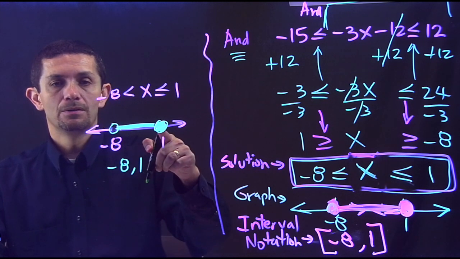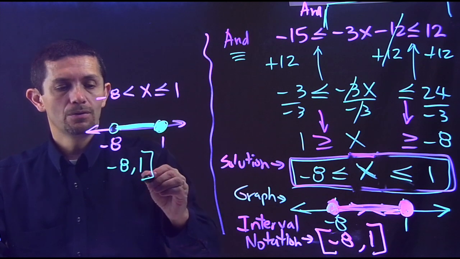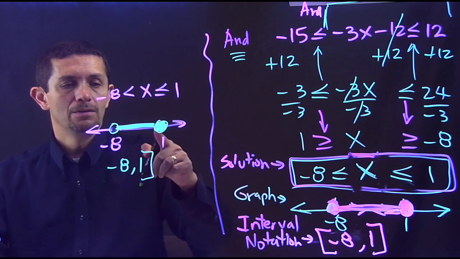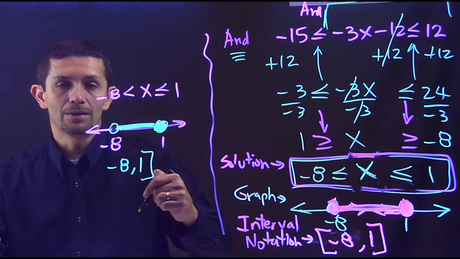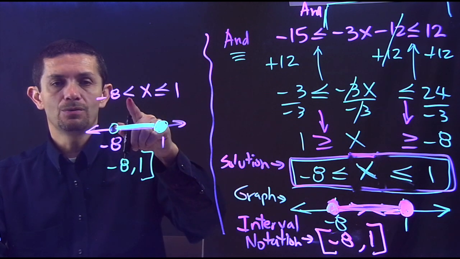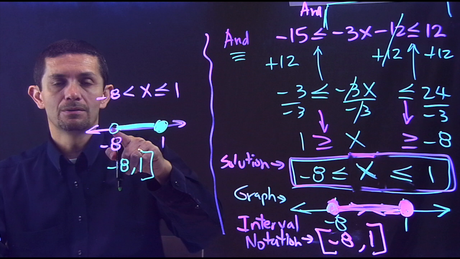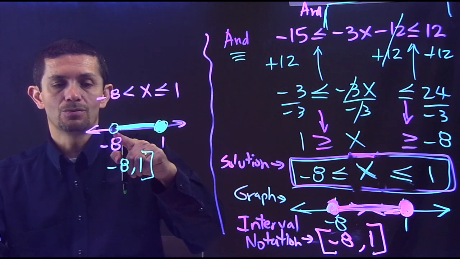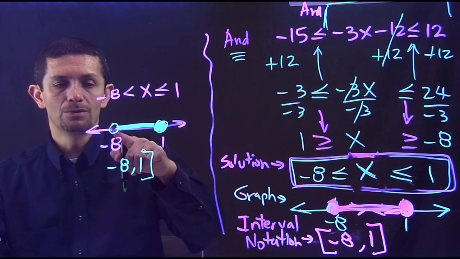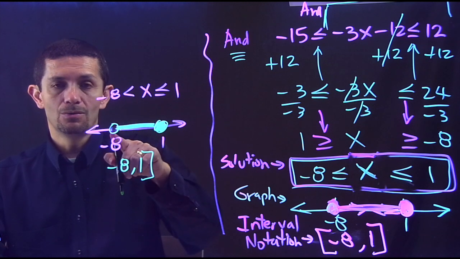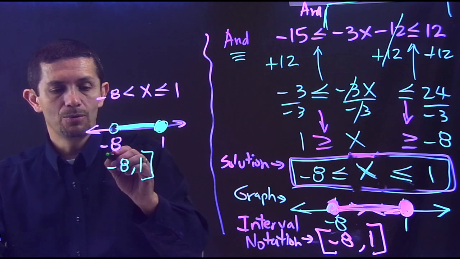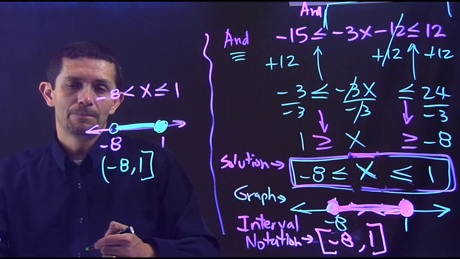On the 1, it's shaded. Therefore, it has a bracket. Shaded or equal, it has a bracket. On this side, there's no equal. Therefore, it's open. It's not a solid circle, it's an open circle. That's how I call it. Because there's no equal and it's open, then instead of a bracket, I put a parenthesis.